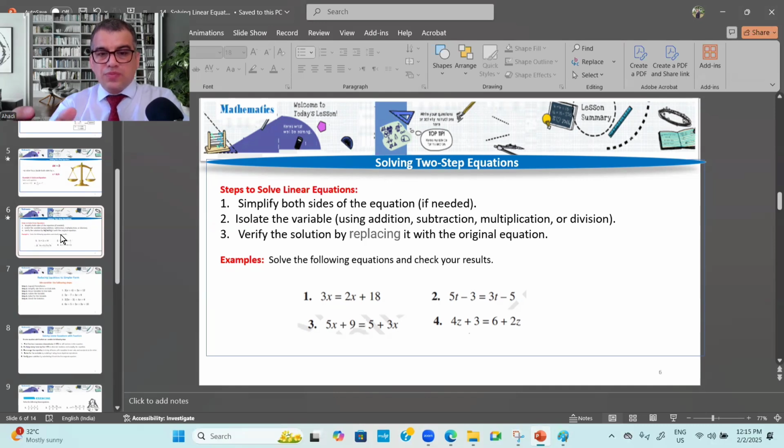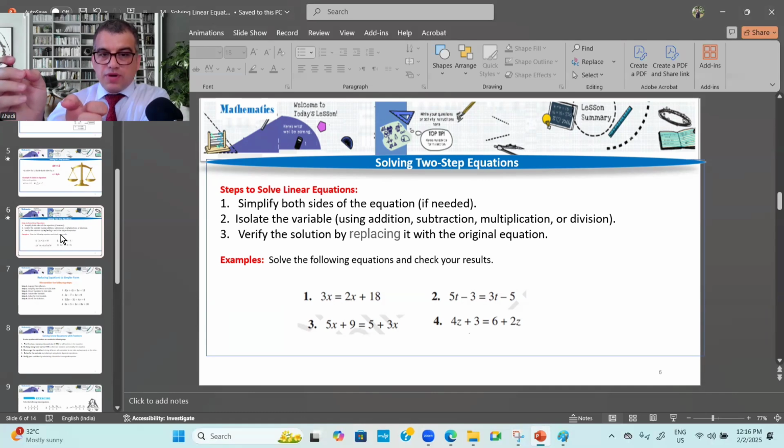Whenever both sides of the equation have some variables and constants, you try to separate them, and generally we bring the variables to the left side and the constants to the right.